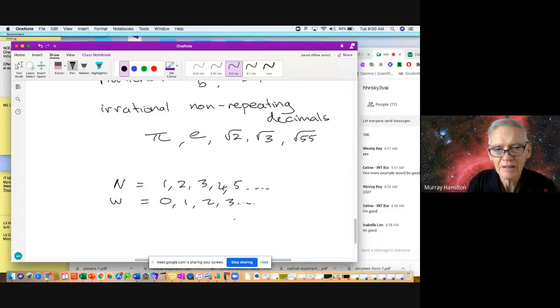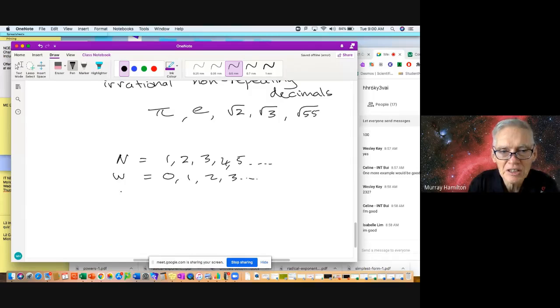And then sometime, maybe about 7 or 8, maybe earlier, you got onto the integers. The integers included the negatives and the positives. And then you learned about fractions and decimals.